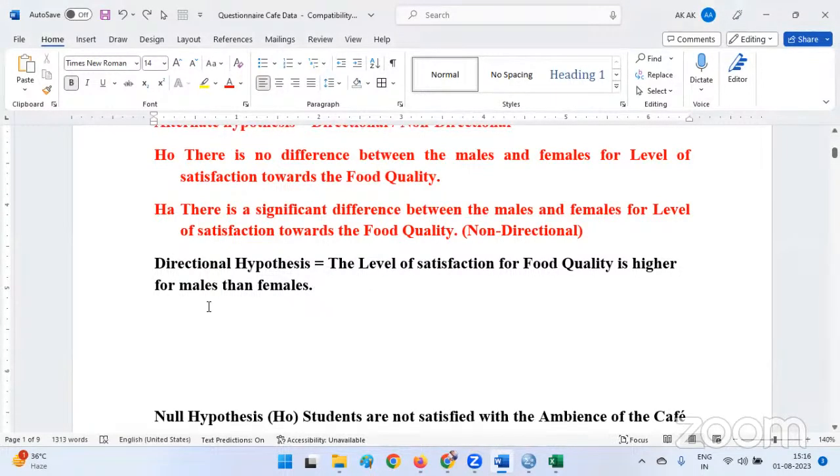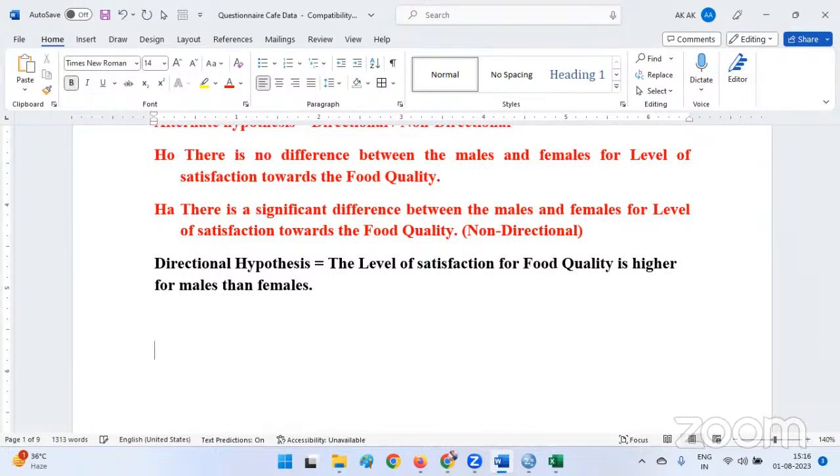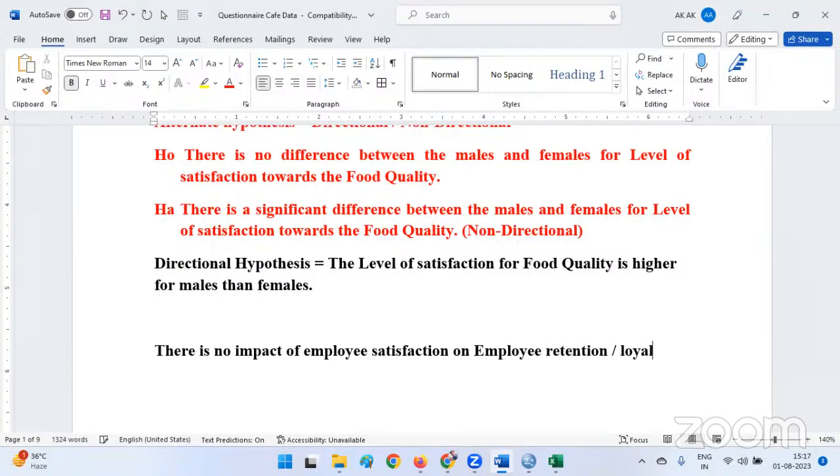So I was saying that we take a directional hypothesis only when it is our objective. So generally what we do is, suppose I make a hypothesis: there is no impact of employee satisfaction on employee retention, or say loyalty.